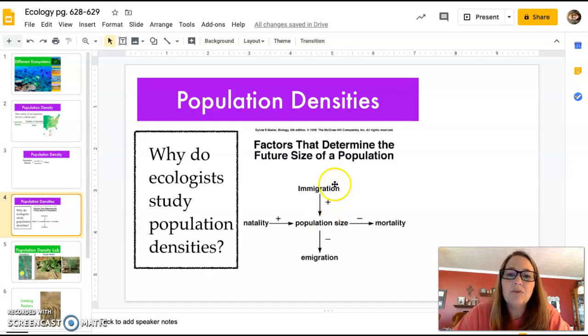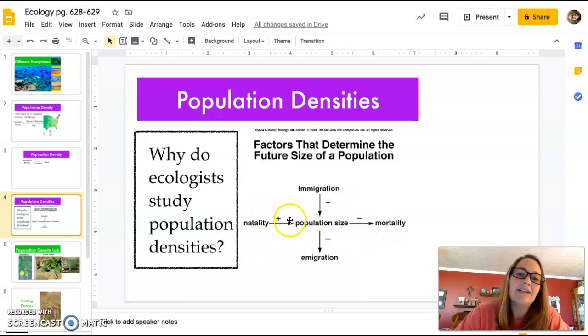So we're always going to be looking at, as ecologists, how many organisms are moving into an area, and that's immigration. How many organisms are moving out of the area? This is a word that you've probably heard before, mortality. How many organisms in that population are regularly passing away or dying?